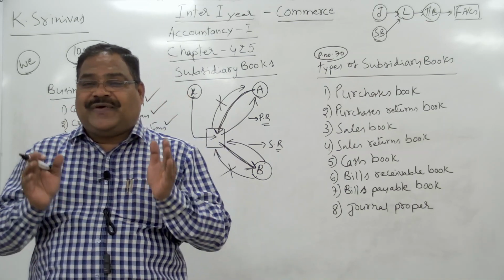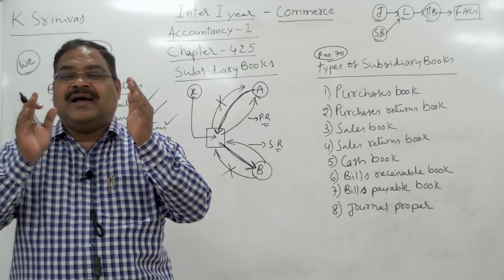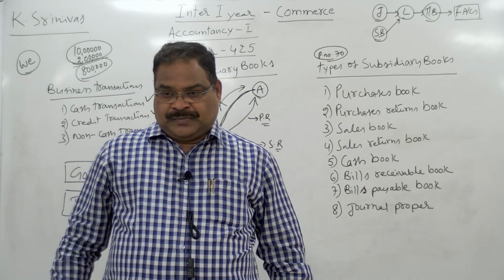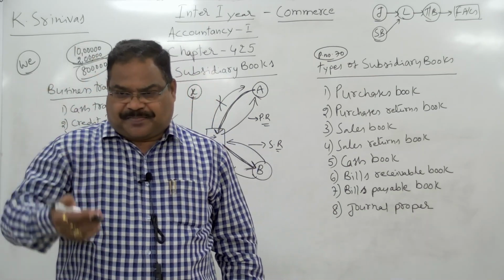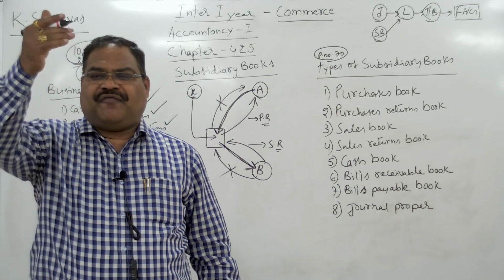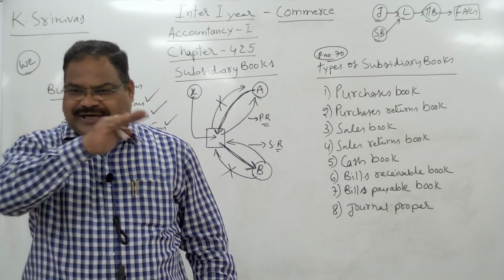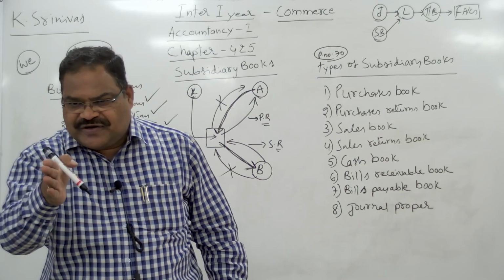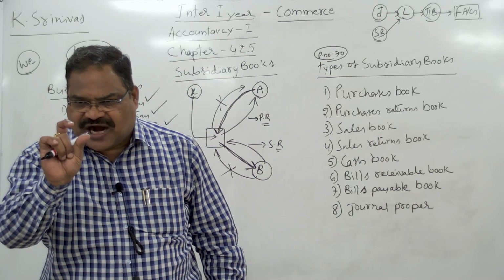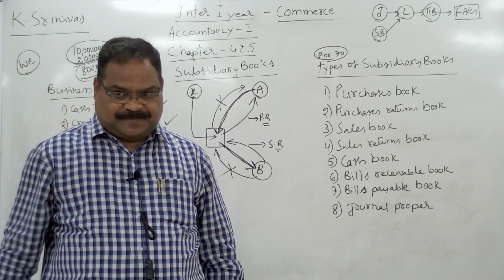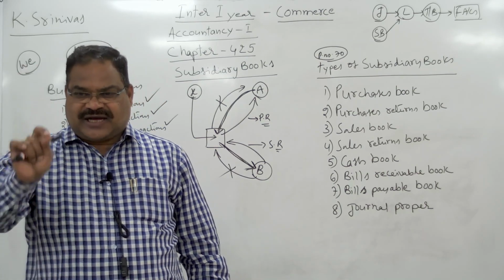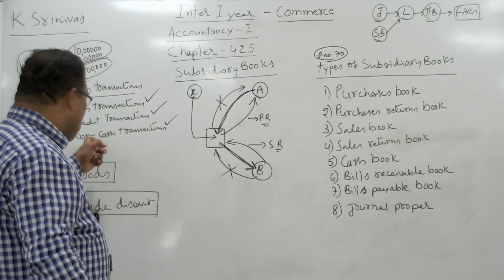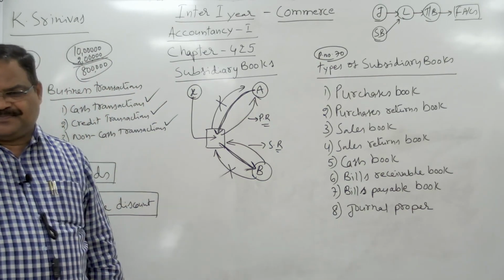We are just valuing, calculating the value of the asset. So now the value has gone up to 15 lakhs. 10 lakhs we have spent, now the value is 15 lakhs. The 5 lakhs rupees is called appreciation. Appreciation is also called a non-cash transaction.